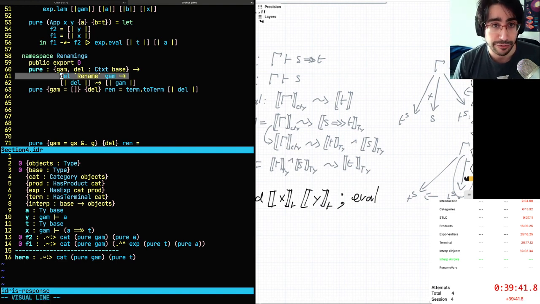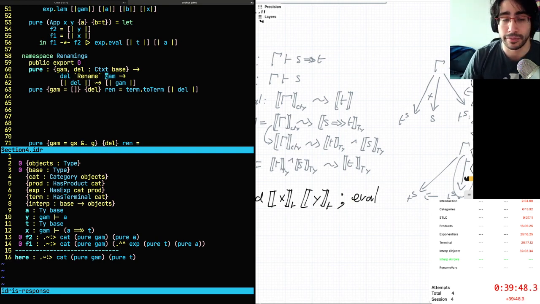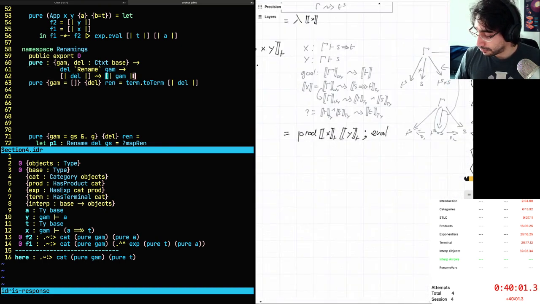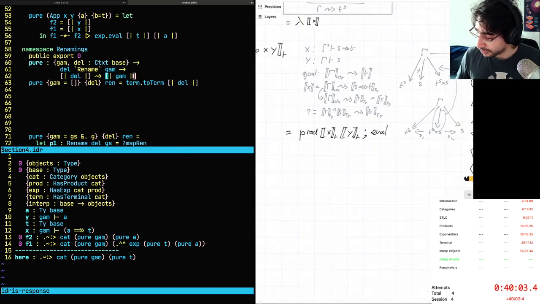So if I have a variable in context delta, I can explain every single one of them from gamma. And this is represented as an arrow from delta to gamma. Now we don't really have much to go on here either, right? Because renamings are just functions.